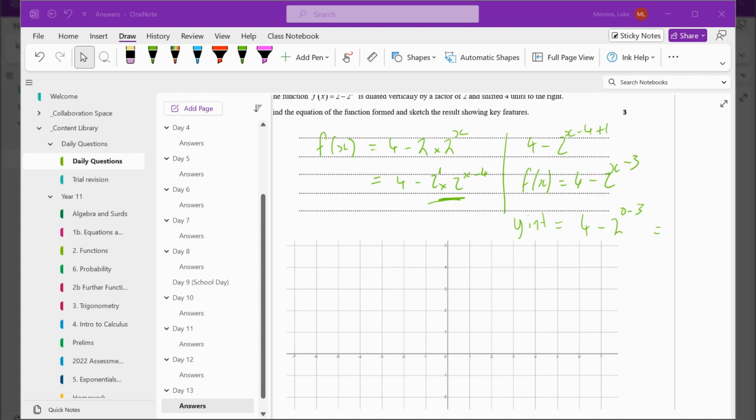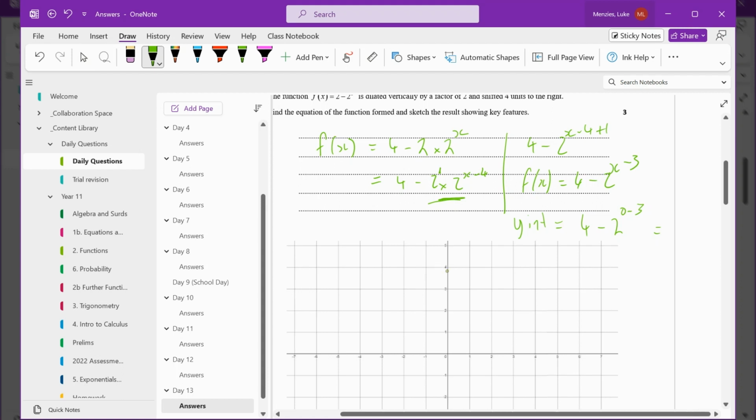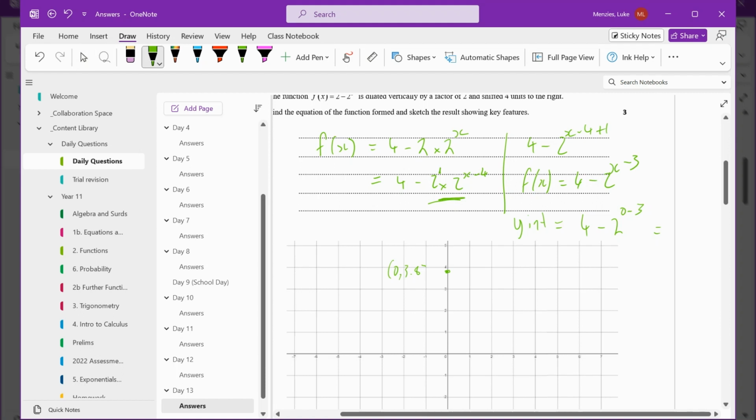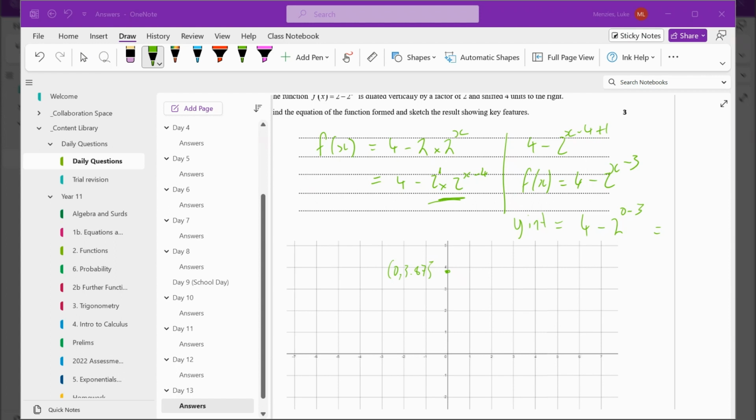It's like 3 and a bit. 4 minus 2 to the power of minus 3 is 3.875. So something about there. And if you really want to, you could write 3.875. Okay. That's our y-intercept.